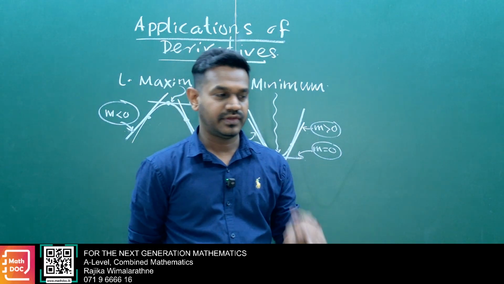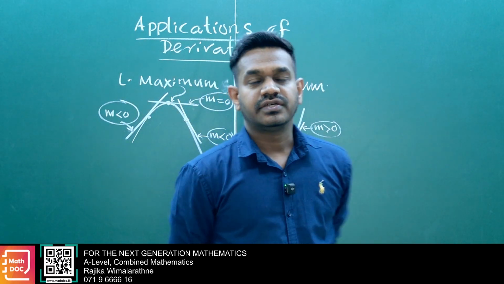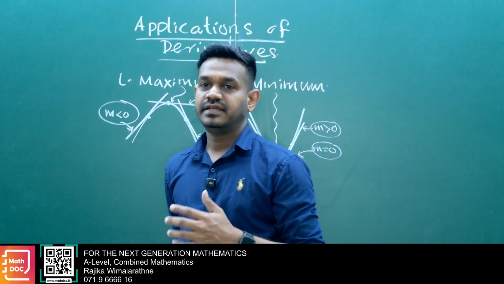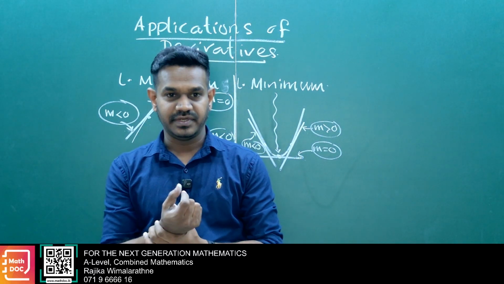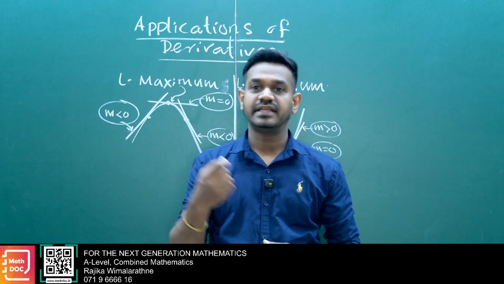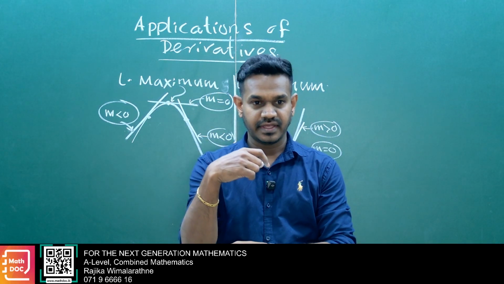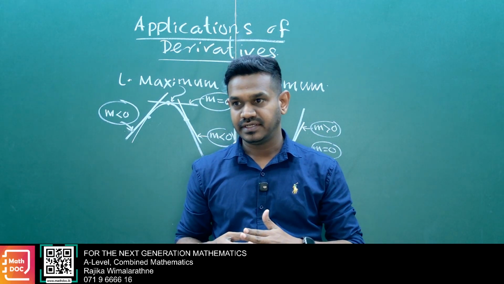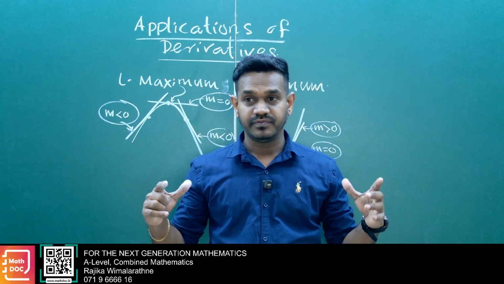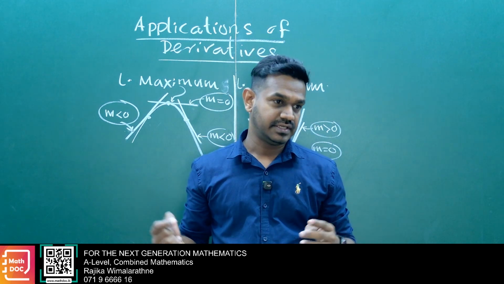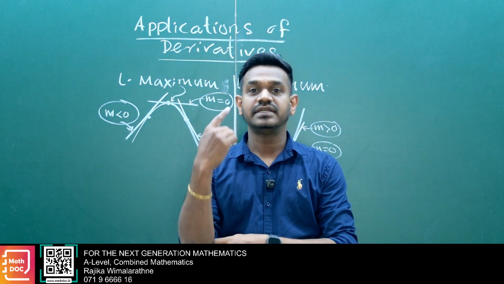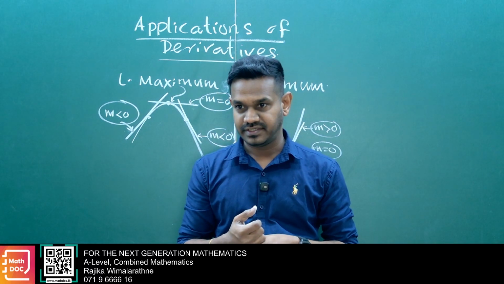Okay, two examples are enough. Now you identify there are some variables or quantities that vary with another quantity. In such cases, we have to maximize or minimize something. If we need to maximize volume, we have to do something. If we need to minimize cost, we have to do something. Those things we analyze by using differentiation.